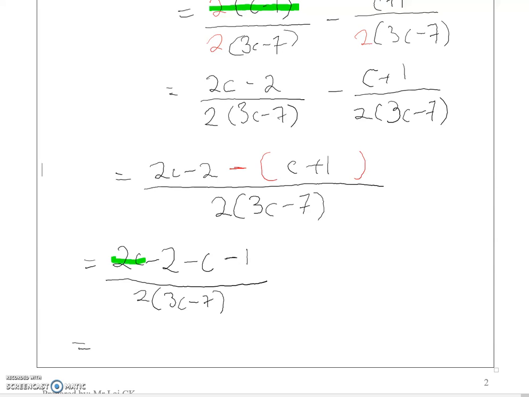We have 2c minus c to give us c, and we have negative 2 minus 1 to give us minus 3. So the numerator can be simplified as c minus 3, and the denominator will be 2 times 3c minus 7, leaving it in factorized form. So this is how we subtract two fractions together.